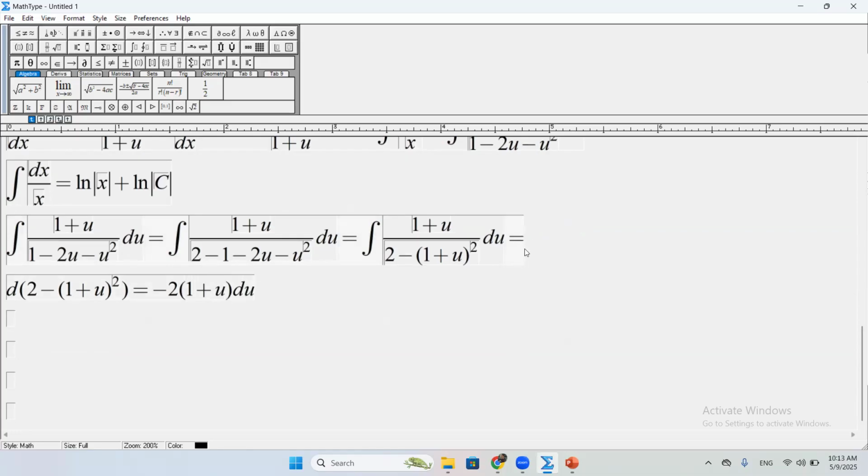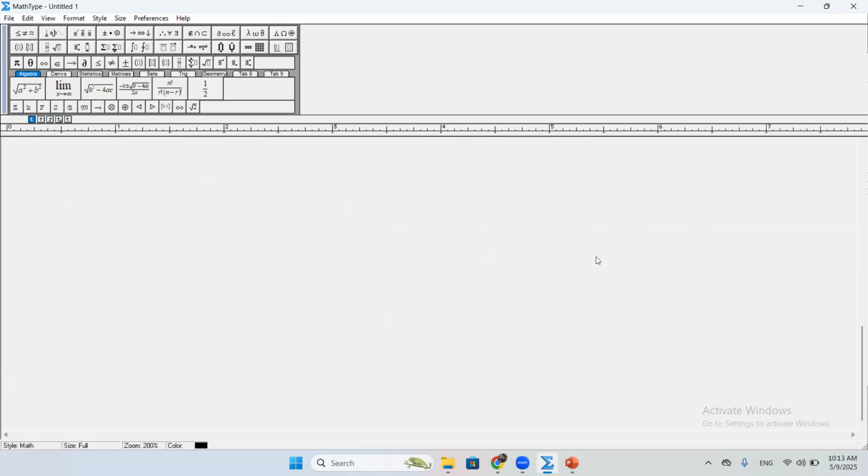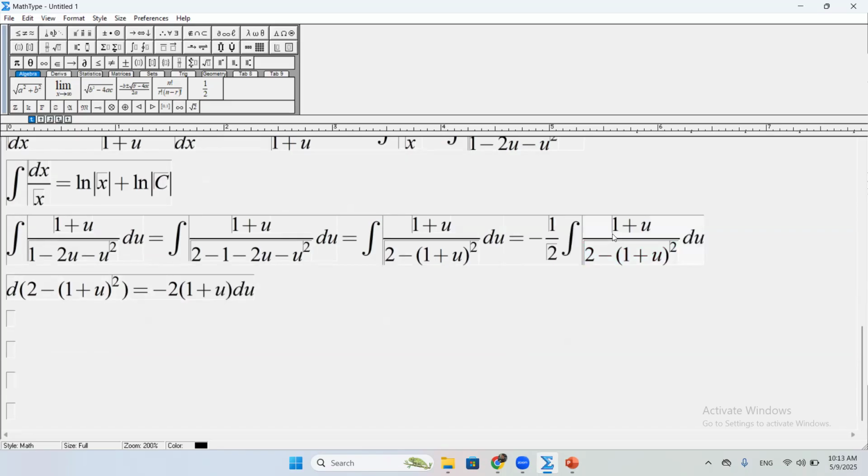So we have minus 1 over 2 and the differential over the denominator.